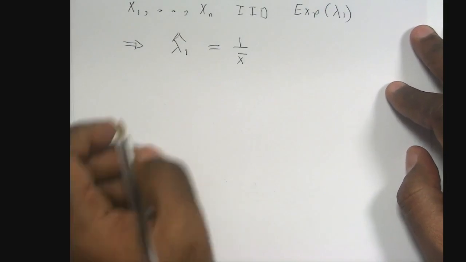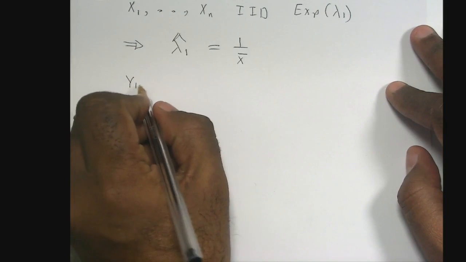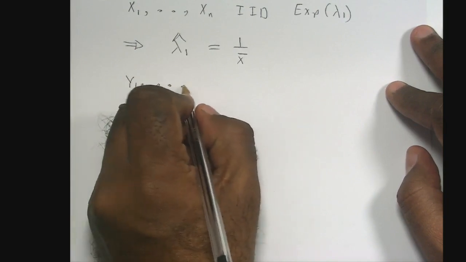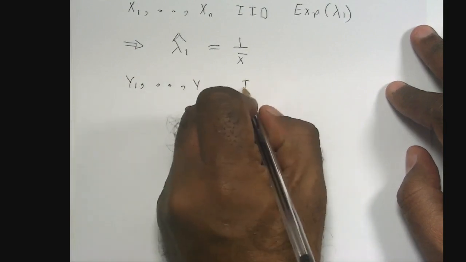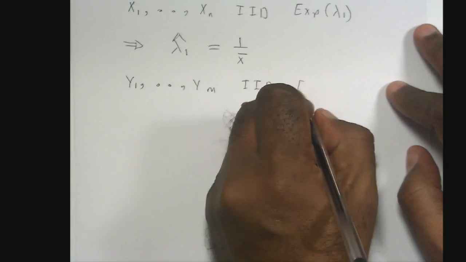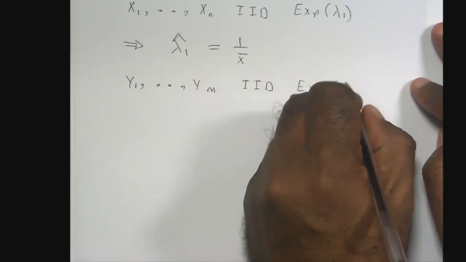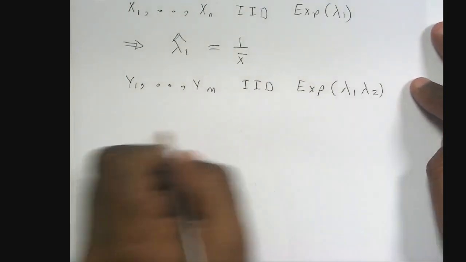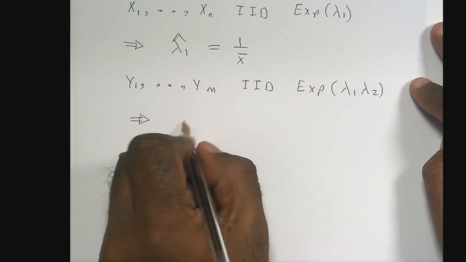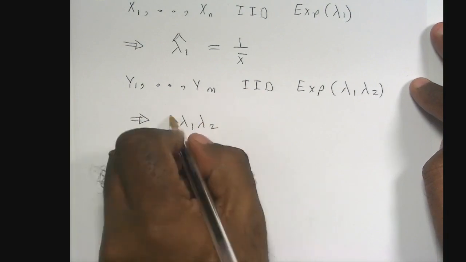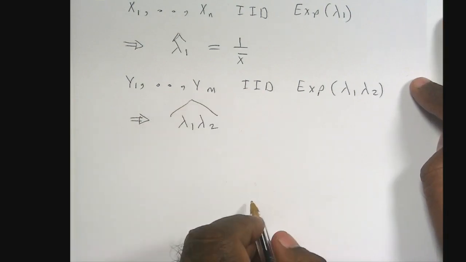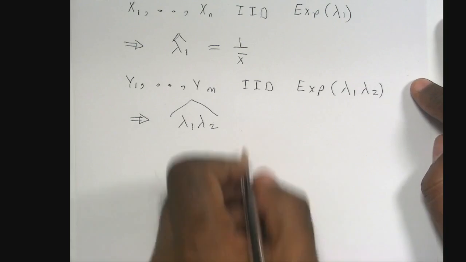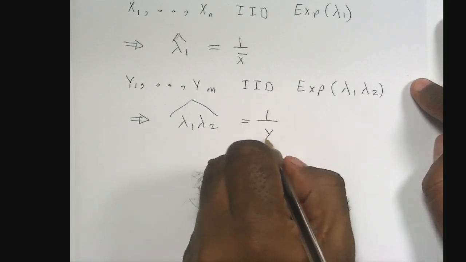You guys follow? And similarly, you're told that y1 to ym are IID exponential with parameter lambda 1 times lambda 2. So by the same argument, the MLE for lambda 1 times lambda 2 is 1 divided by y bar.